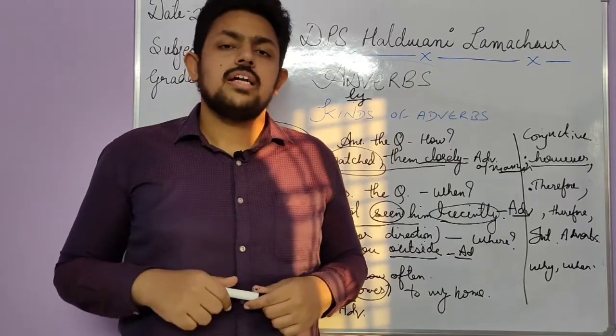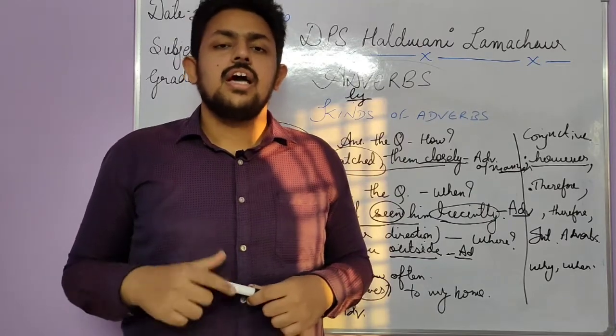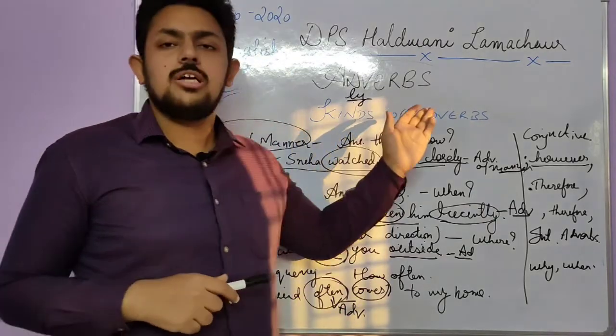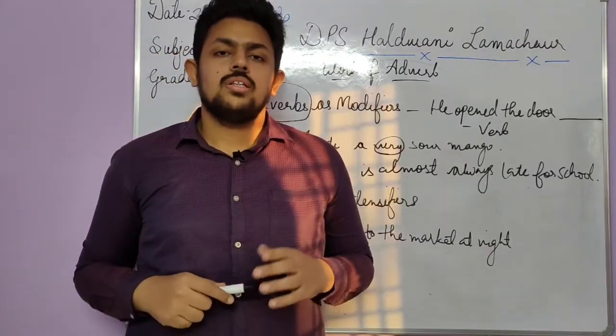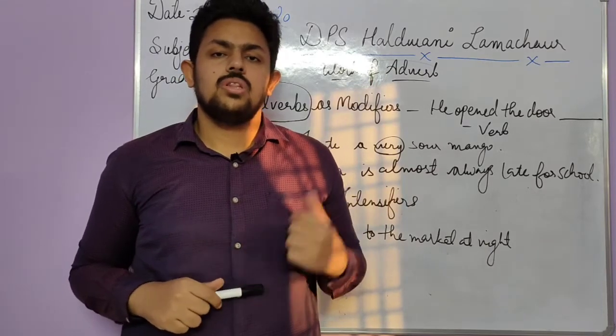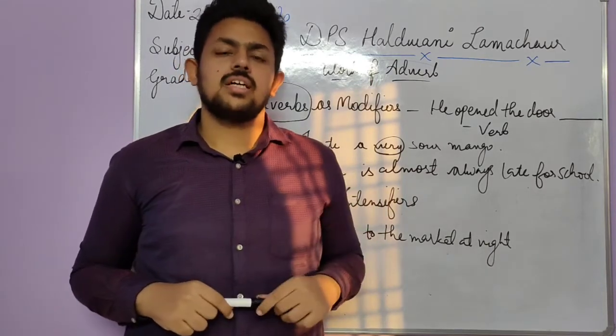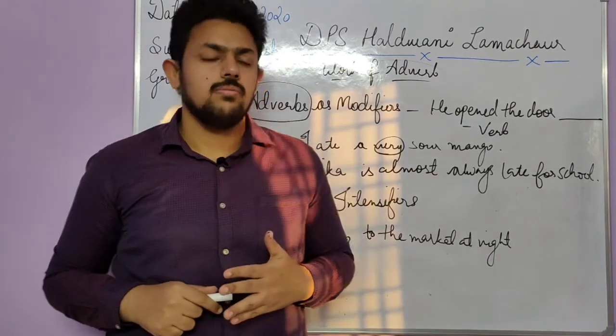So stay connected, watch the video entirely, then we will be moving to the exercises and we will finish this small chapter of adverbs in one video itself. So the last topic for today, we are going to end our video with this topic and we will do the exercise of course, but the explanation part will stop here.